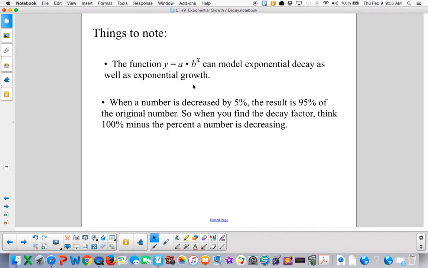It could be greater than 1 for growth and between 0 and 1 for decay. Another thing to note, when a number is decreasing by 5%, the result means that you're taking 95% of the original number. If something like population is decreasing at 10%, then you're going to be taking 90% of what you have. If a population decreases at 15%, you're really taking 85%. So when you're finding the decay factor, instead of adding to 100, you're going to subtract from 100.